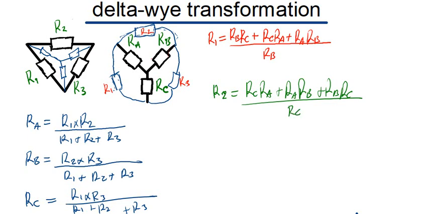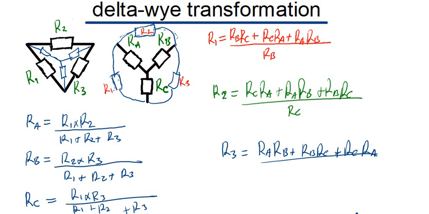So we go to the last one, which is R3. R3 is going to be equal to, what is opposite is RA, so RA multiplied by RB, plus RB multiplied by RC, plus RC multiplied by RA, divided by RA.